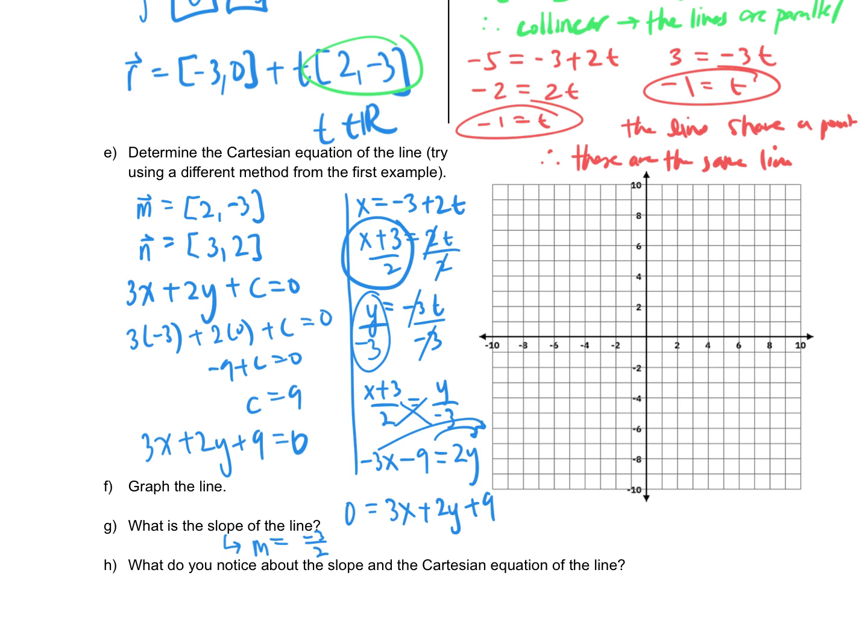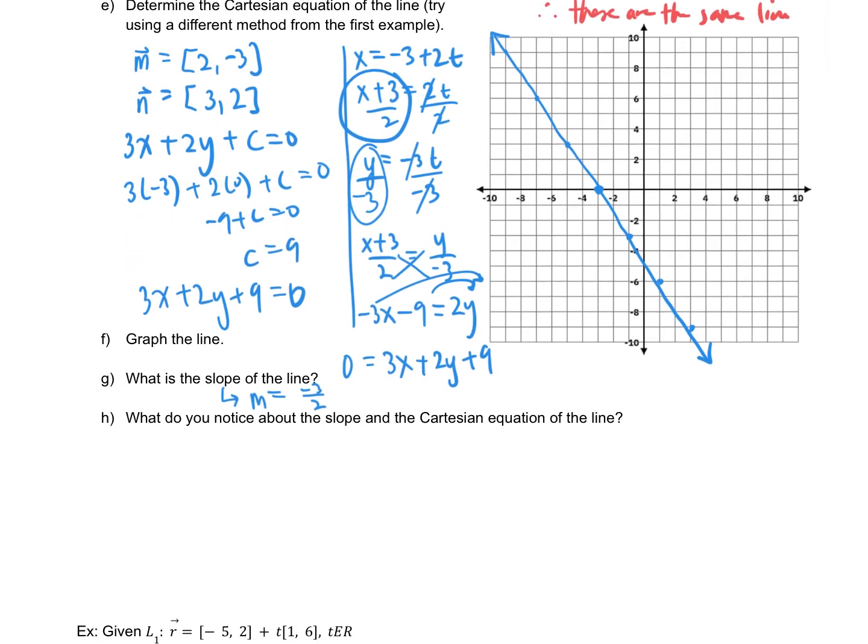And we already know a point that is on this line, negative 3, 0. It's not the y-intercept, but that's okay. I can pick any point on the line and just start applying my slope to it. So I'm going to go down 3, right 2, down 3, right 2 a few times. I'll connect those dots. And there's my line.